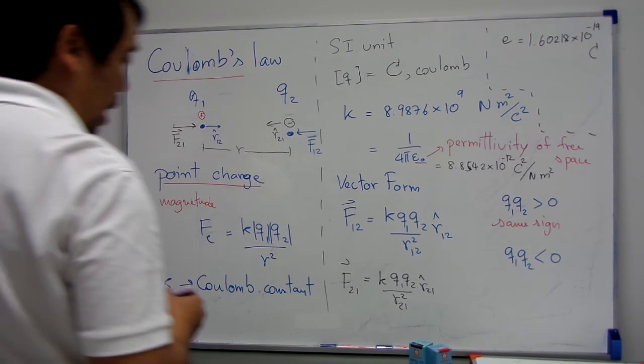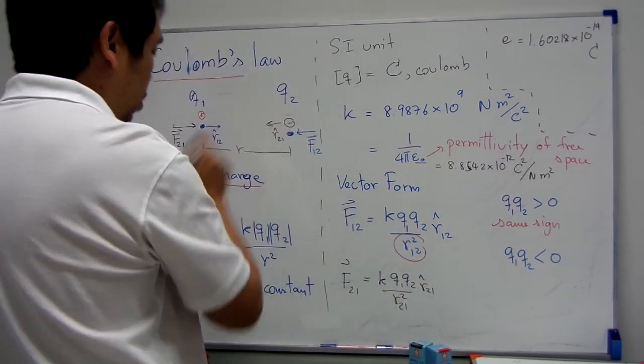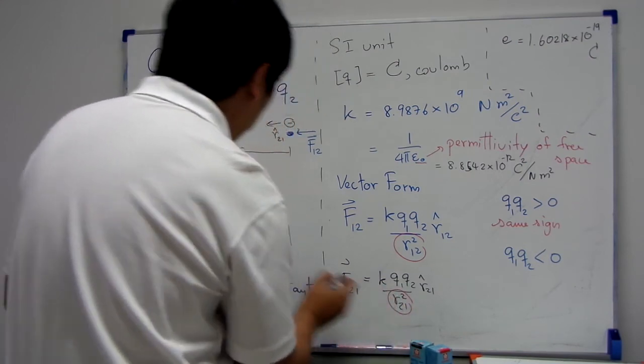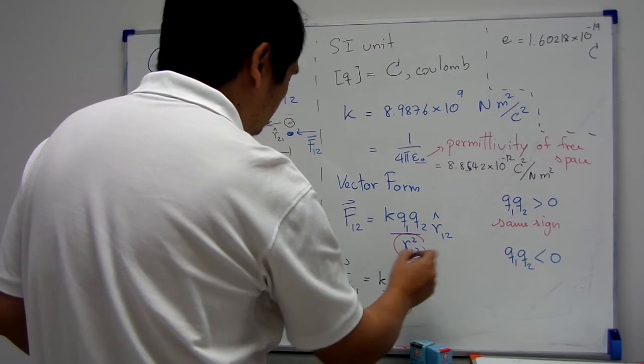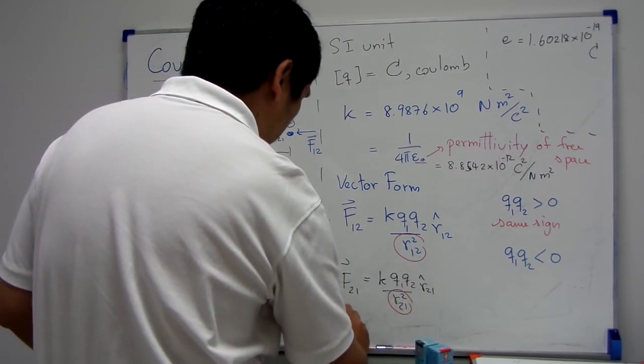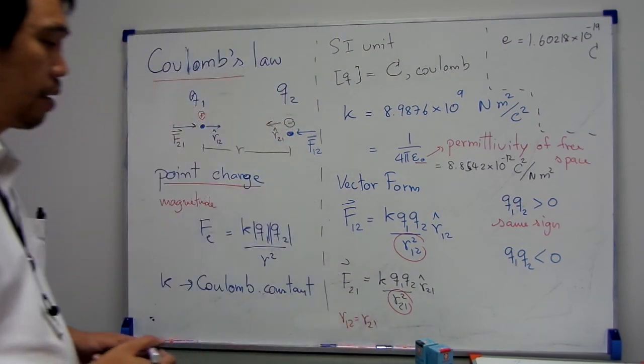Now you can see that R12 is the distance from Q1 to Q2 and R21 is the distance from Q2 to Q1. So they are equal. R12 is equal to R21.